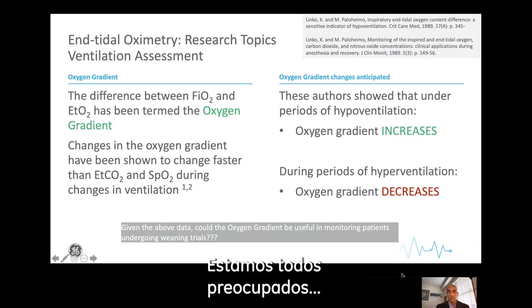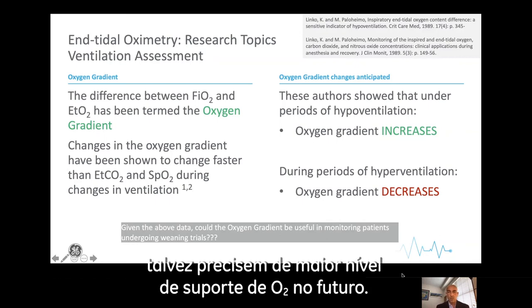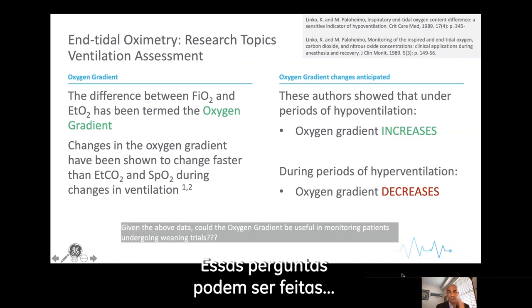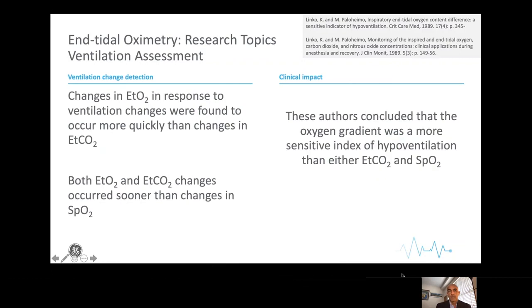We're all concerned about coronavirus at present time affecting oxygen exchange. So is there potential that the oxygen gradient can help to risk stratify these patients, whether they're weaning or they're COVID positive, and wondering whether or not they may need a higher level of oxygen support in the future? Just questions that can be asked now and answered in the future.